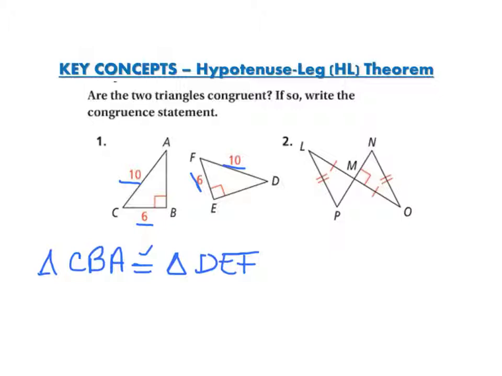On the next one, I have a right triangle there, a right angle, which means this one is a right angle by the fact that these are vertical angles. And we have the hypotenuse is congruent, and one leg is congruent.